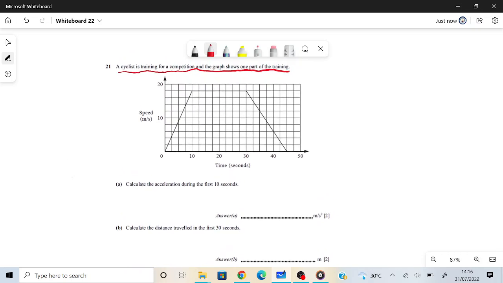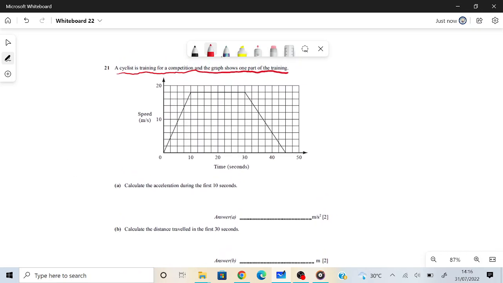Now in a speed time graph, your y-axis, that's this axis over here, in 99% of the cases is going to be speed, and your x-axis, that's this axis here, is most likely to be the time. The first thing you want to do is make sure what unit you're working in.